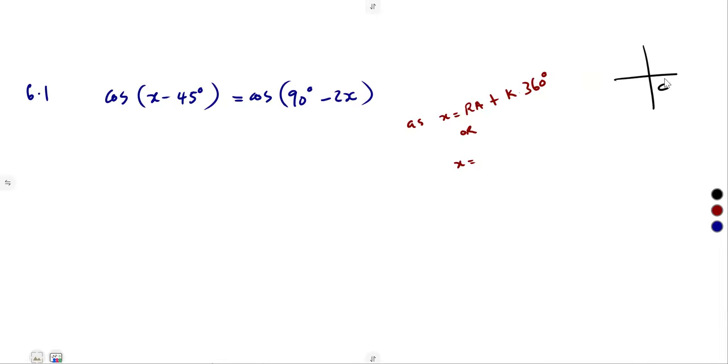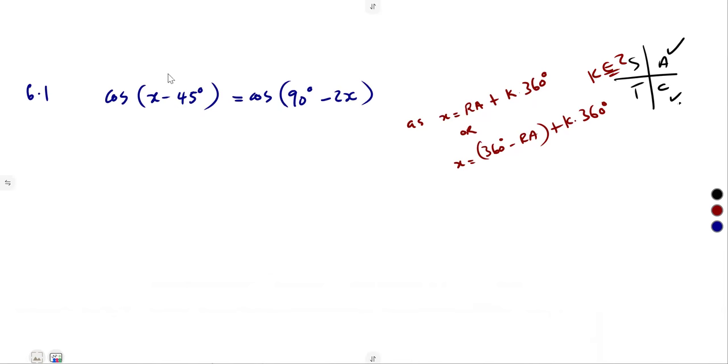These are acute angles, so the first one and this one: 360 degrees minus the reference angle, plus k times 360, where k is an integer.